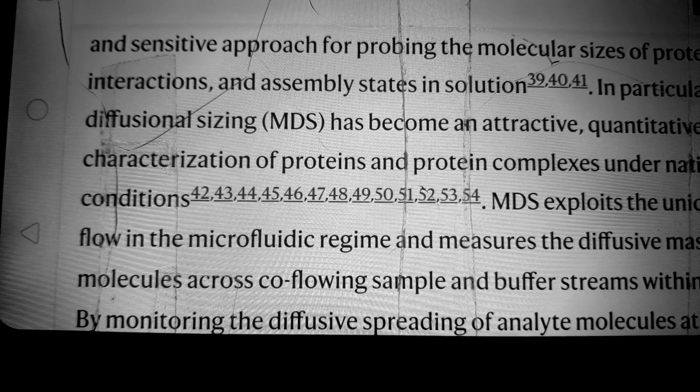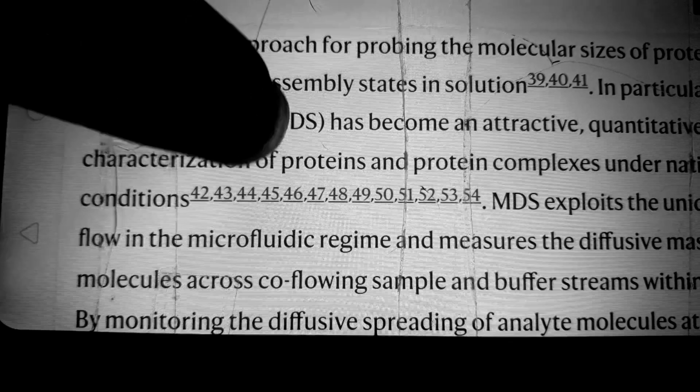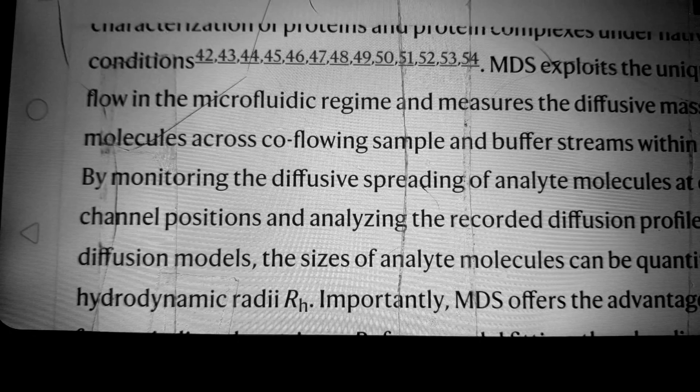MDS exploits the unique features of laminar flow in the microfluidic regime and measures the diffusive mass transport of molecules across co-flowing sample and buffer streams within a microchannel by monitoring the diffusive spreading of analyte molecules at different downstream channel positions and analyzing the recorded diffusion profiles.